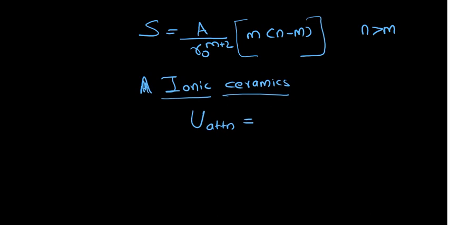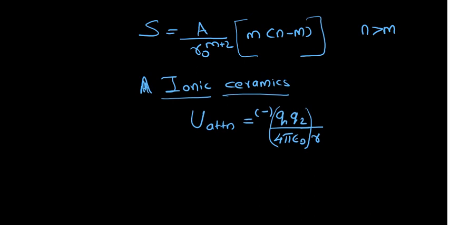So the Coulombic attraction is q1 q2 by 4 pi epsilon 0 r, with the negative sign. This is my attraction energy, and this term is nothing but my a here. So you can actually substitute. Q1 and Q2 are the charges.